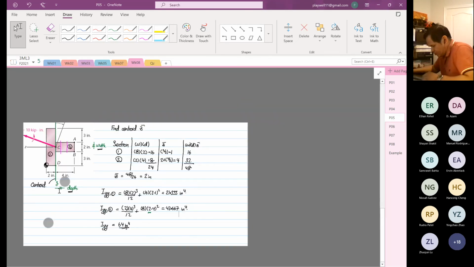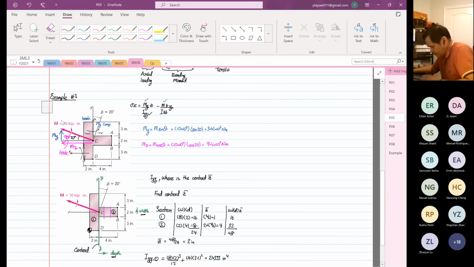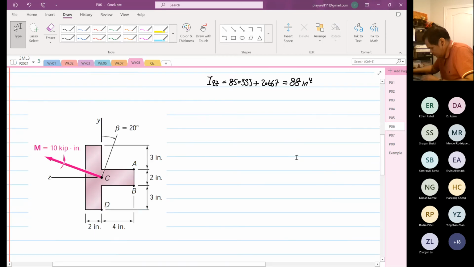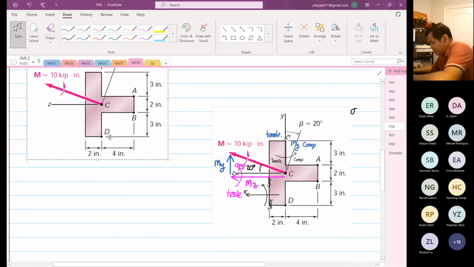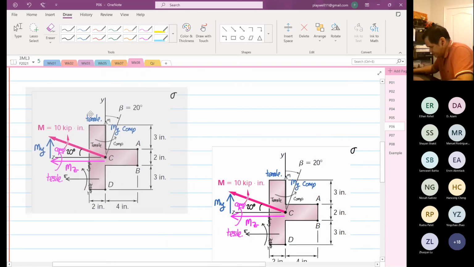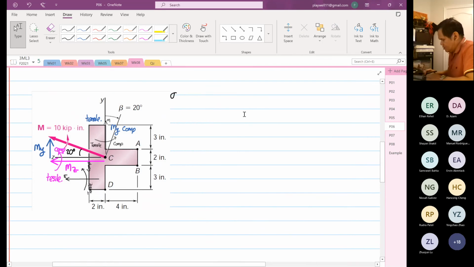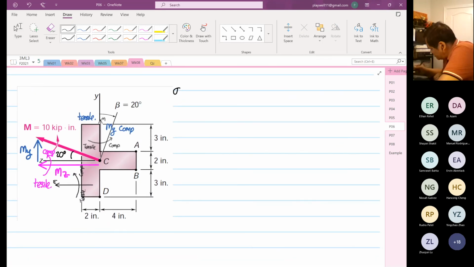I think we did. I'm going to copy this diagram over here. I'm going to get rid of this because this analysis is done already.